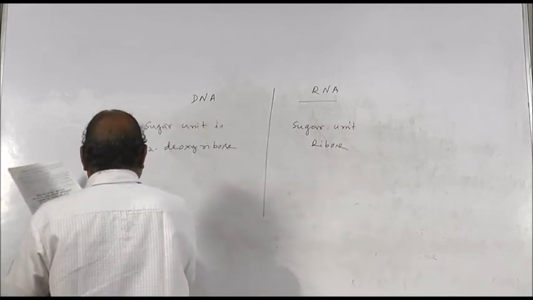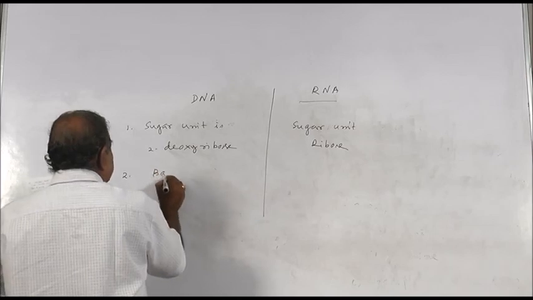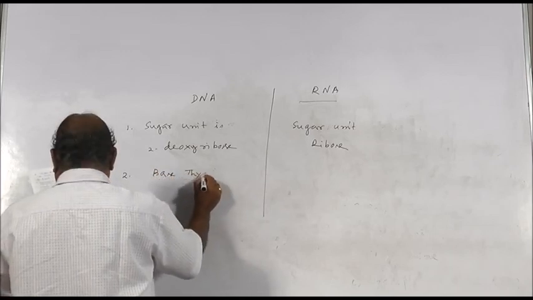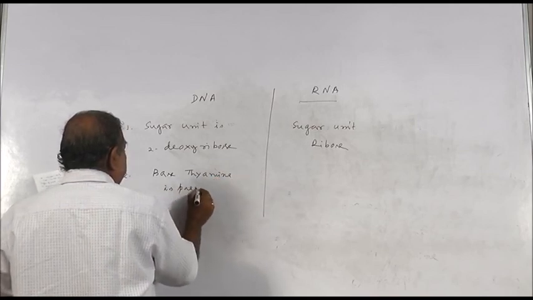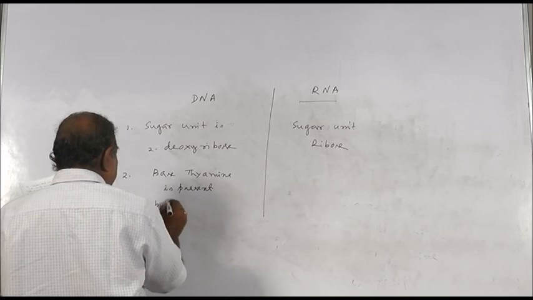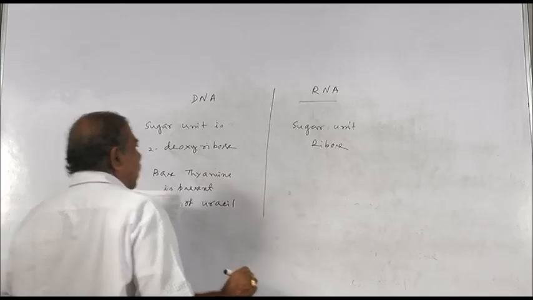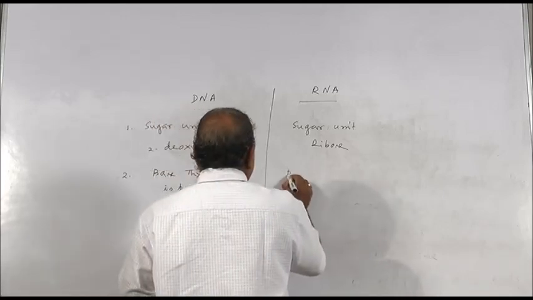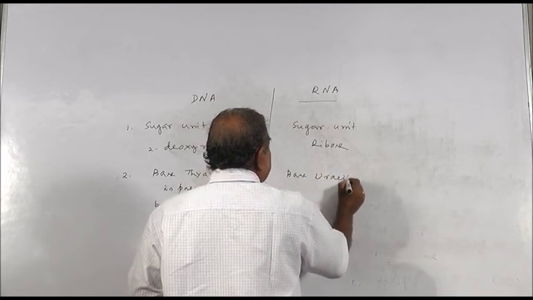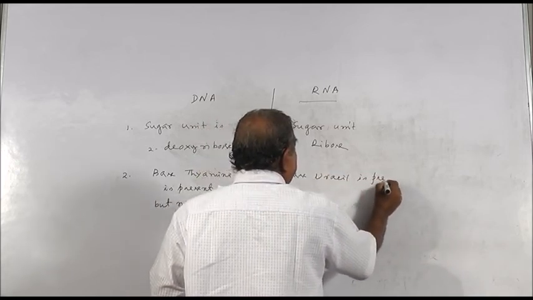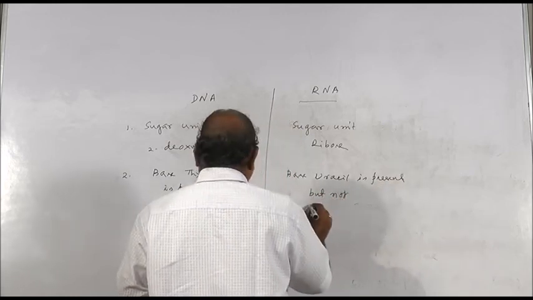The second, in DNA the base thymine is present, but not uracil. In RNA, the base uracil is present, but not thymine.